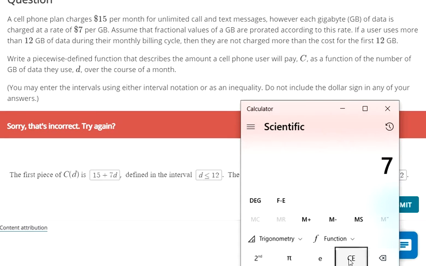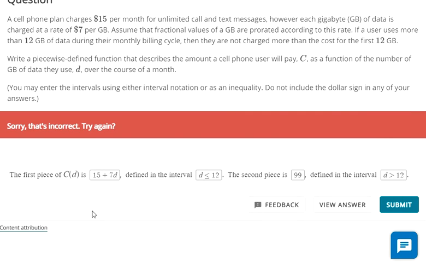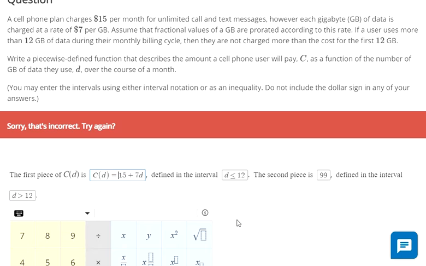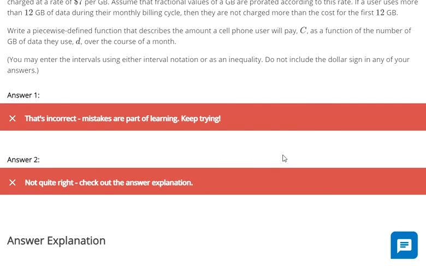This is $7 per gigabyte for 12 gigabytes. So the charge of the first 12 gigabytes is $84 for the gigabytes plus $15 a month. Nothing's wrong there. So there's something with notation. Do they want C of D equals this here, and then C of D equals this here? We'll find out when they tell us the answer here.